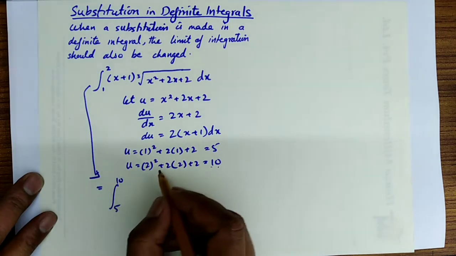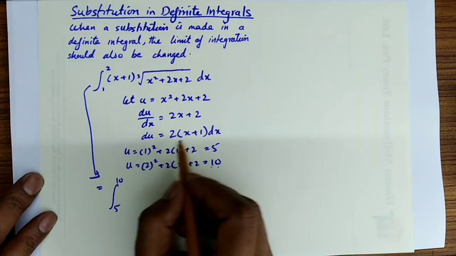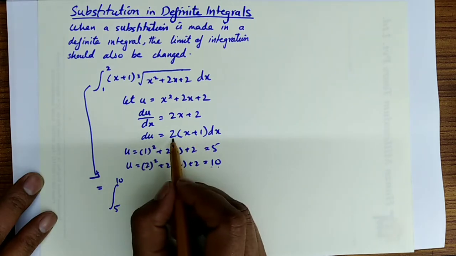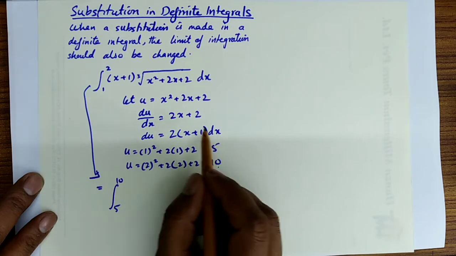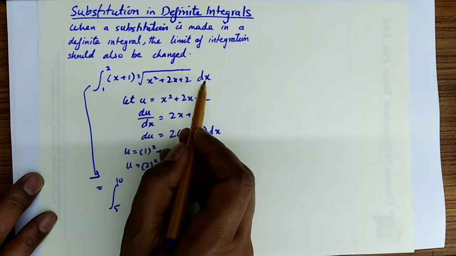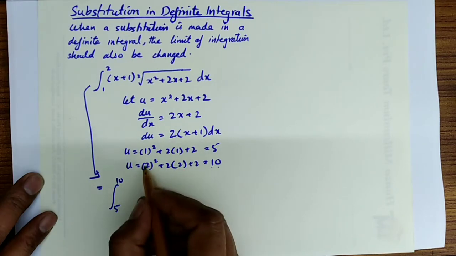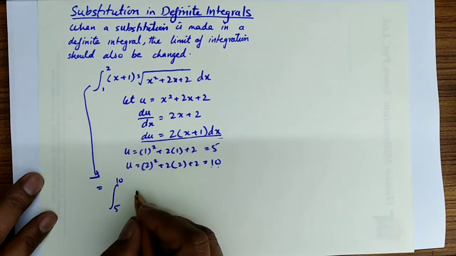So after substitution, you can see here our du equals 2 into x plus 1 dx. Here we have x plus 1 dx. So in place of this, I'm going to write this part.